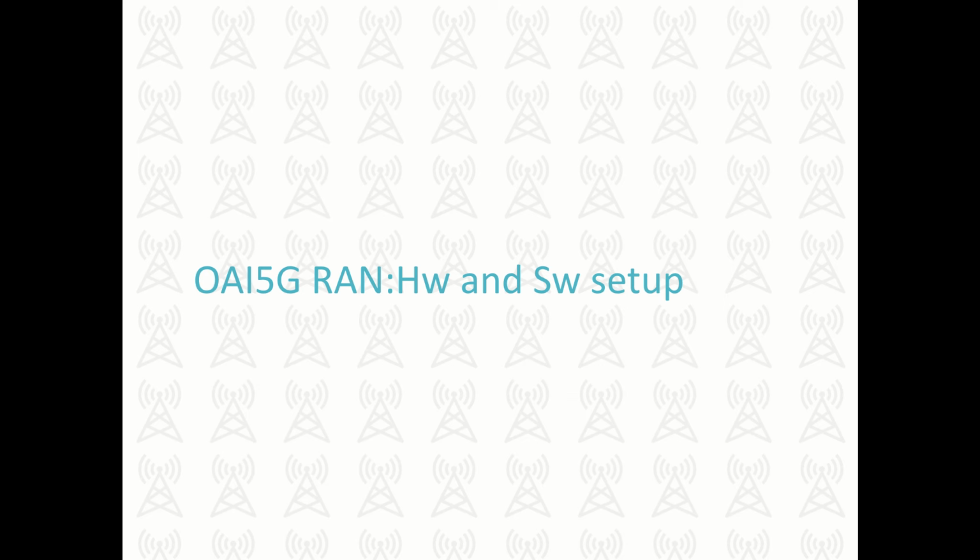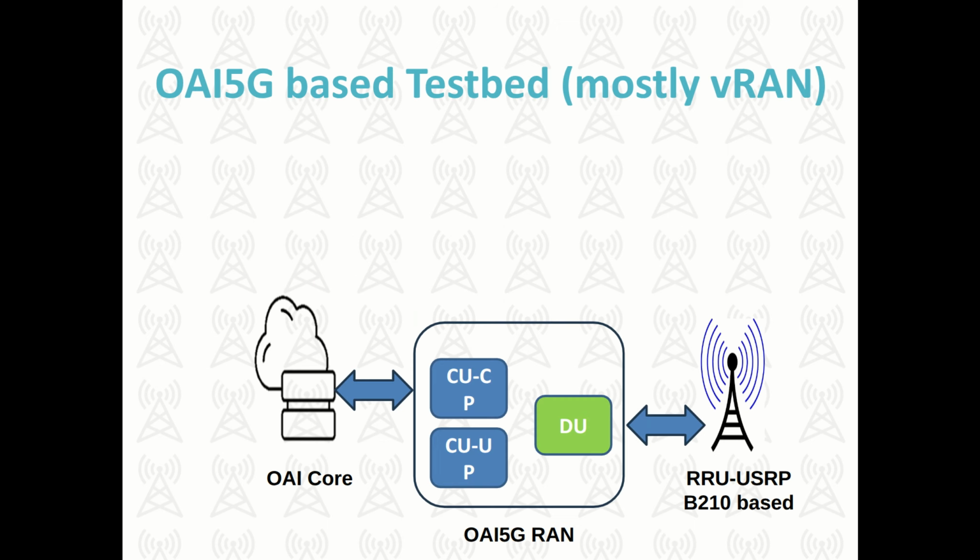Okay, so let's look at the typical hardware and software setup. This is the simplest setup. This is SDR based, mostly VRAN. So we'll find that the OAI core 5GCN is getting implemented in a server. It can be on the same machine or a different machine, depending upon the requirement or the use case.